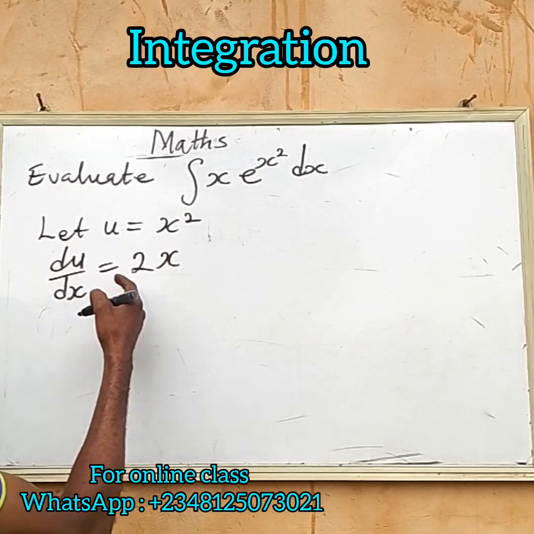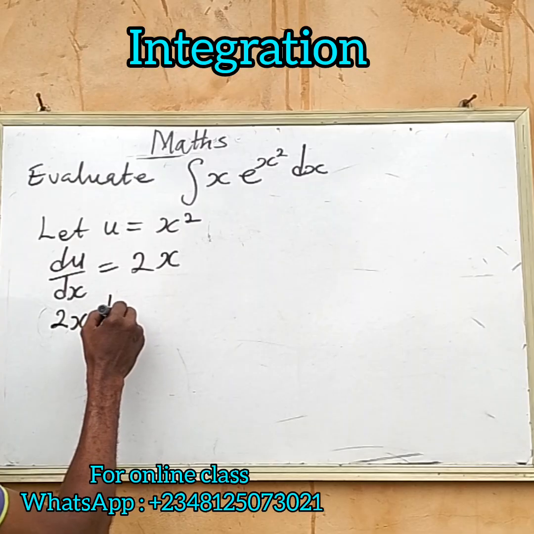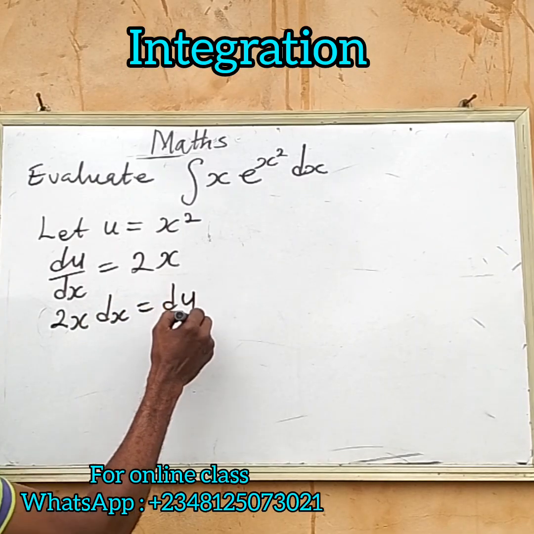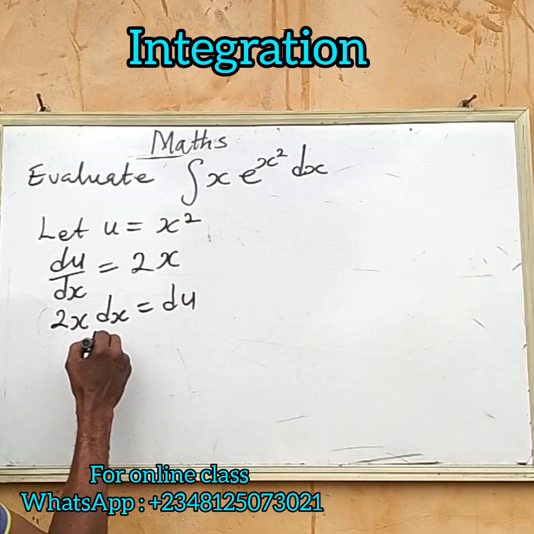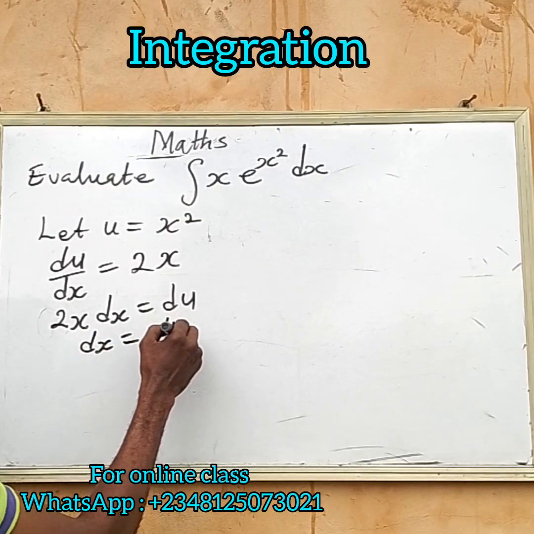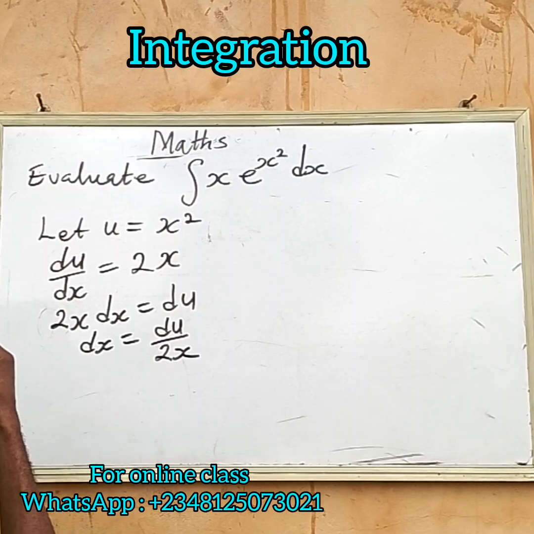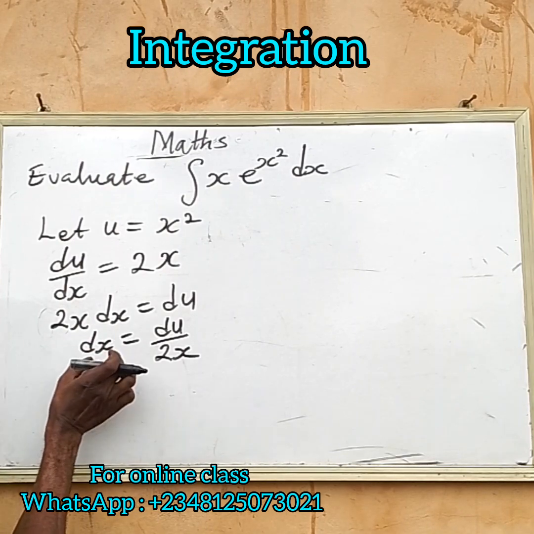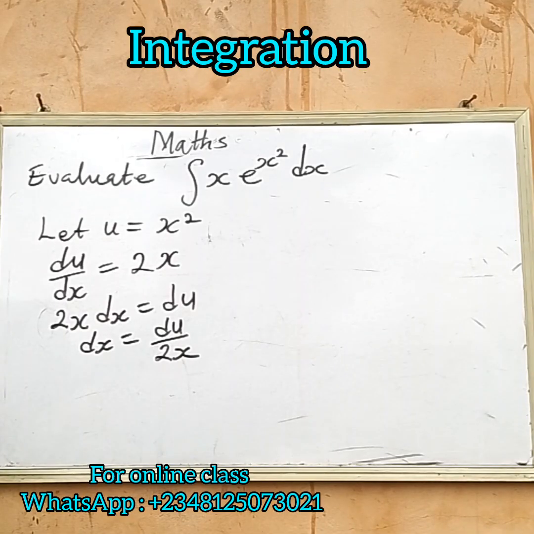If I cross multiply, I'm going to have 2x dx equal to du. Now let us divide both sides by 2x, so we'll be left with dx equal to du all over 2x.